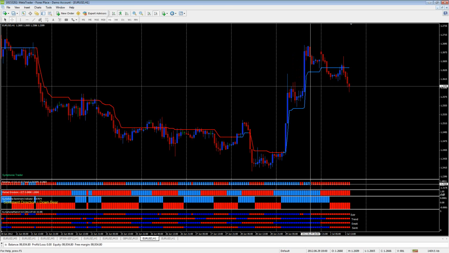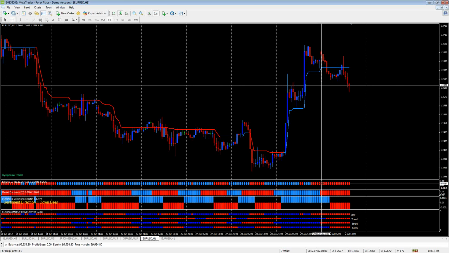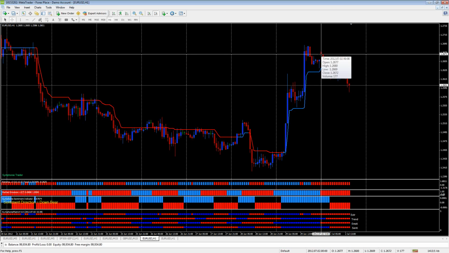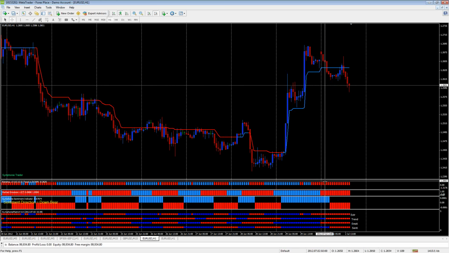I'm not going anywhere. I'm not closing my trade. This is red, red, red, red, red, and only here at the 5th one, it turns blue. It turns red also on the emotion indicator, and then you say, okay, I'm closing. But as long as I'm above the trend line and I have only one indicator, in this case the extreme, in red, but the others show me blue, I'm remaining in the trade.